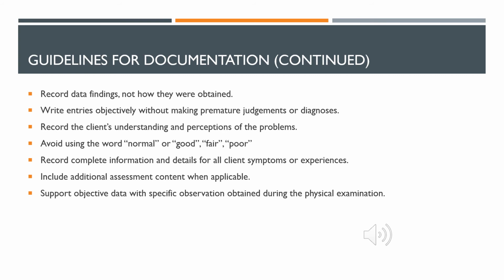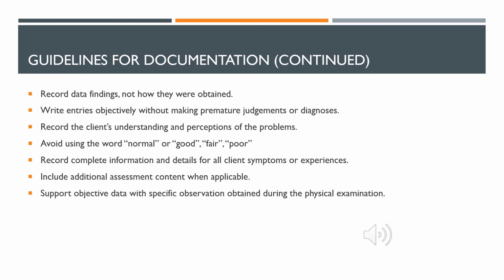You want to record complete information and details for all the client's symptoms and experiences, and then any additional assessment content that is needed or applicable. And lastly, you want to record any objective data with specific observations during the physical examination.